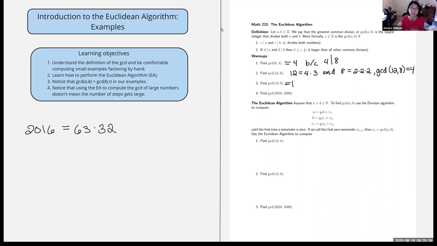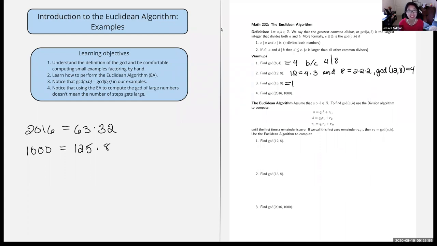Of course, you could factor the 63 and the 32 more, but you won't need to to solve this problem. And 1000 is equal to 125 times 8. And when you look at this, you can see, well, the 63, that's a 7 times 9, and the 125 is just 5 times 5 times 5.